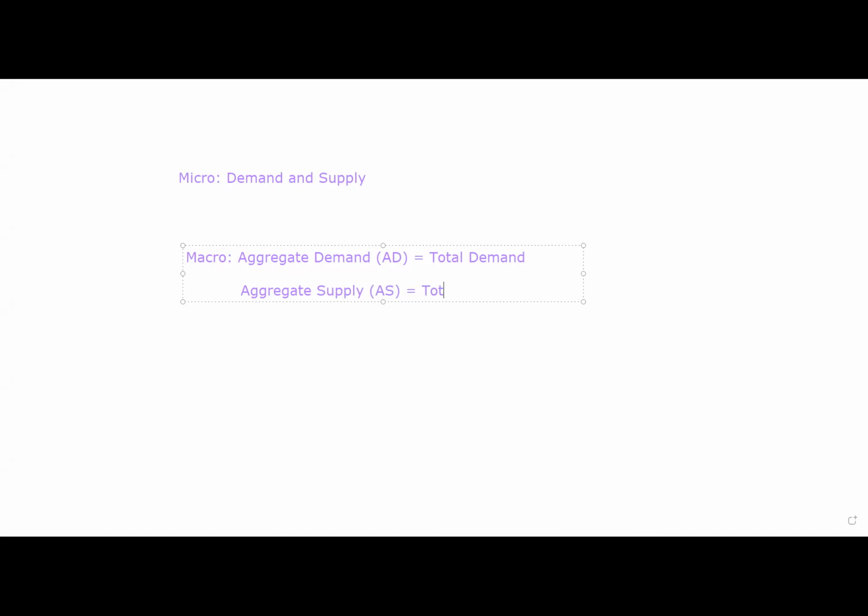For now, just remember it as total supply. I'm not referring to the supply of one item, but to the supply of all the goods and services. So from now on, when you explain demand and supply, you will use the words total demand and total supply.